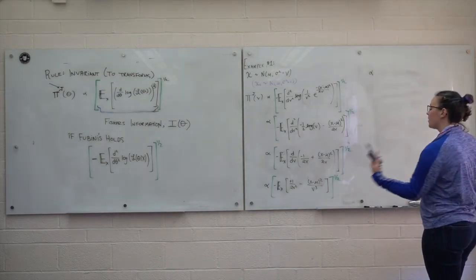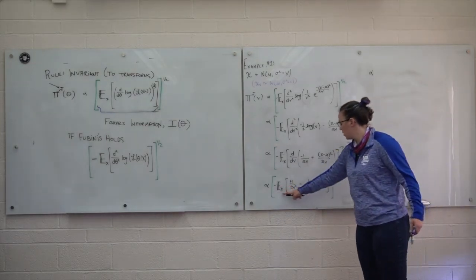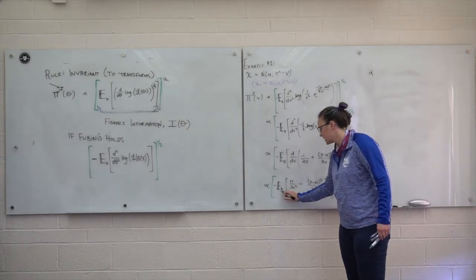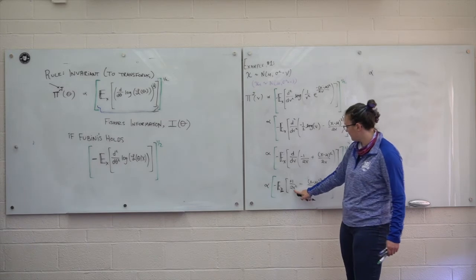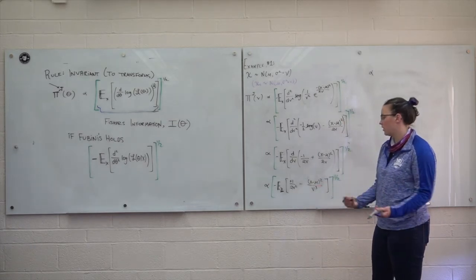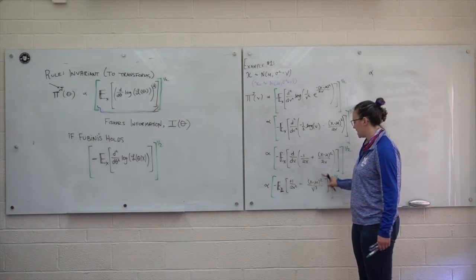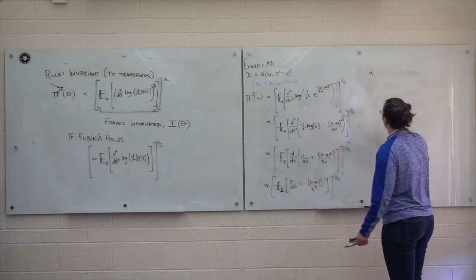Proportional to, now we're going to take the expectation across this. Our expectation is with respect to x, so x is the random variable, and v and mu are known. So this expectation is going to slide across and just end up in the numerator of this fraction.